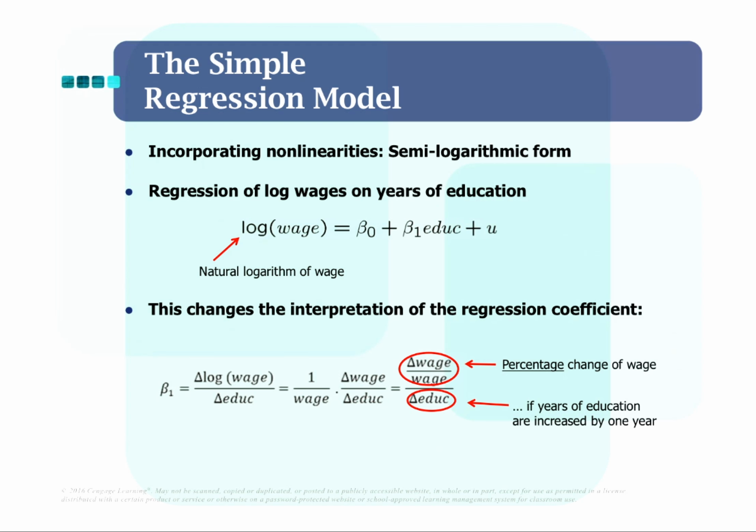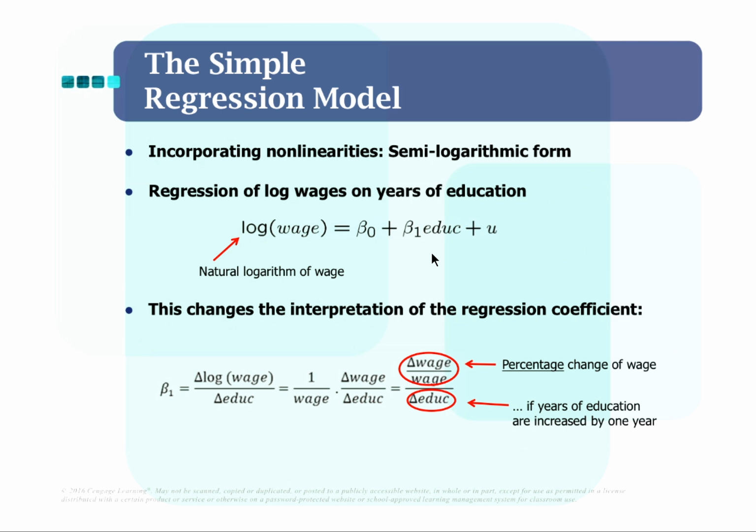Now we talk about a very commonly used transformation of variable in the regression analysis. Typically for this particular form, we call it semi-logarithm form, in the sense that we take the natural logarithm of the dependent variable. In this case, we take the natural logarithm of wage in the simple wage regression.